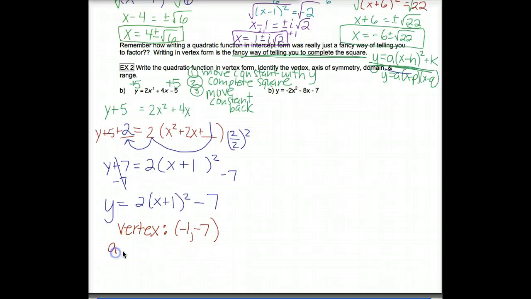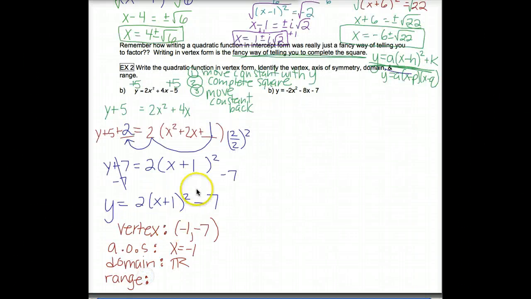Axis of symmetry, remember, is always an x equals line through the x-coordinate of the vertex. So it's x equals -1. You don't even need to look at the graph to know that. That's a rule. Next are domain and range. Well, this is a quadratic, and all of our quadratics have had all real number domains. Range, y values.